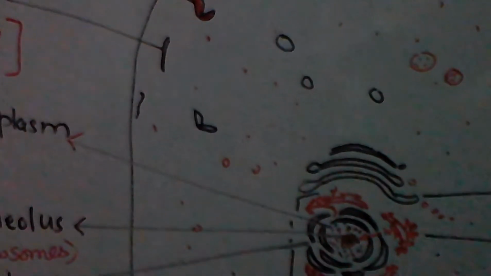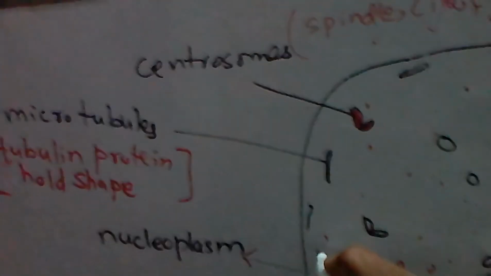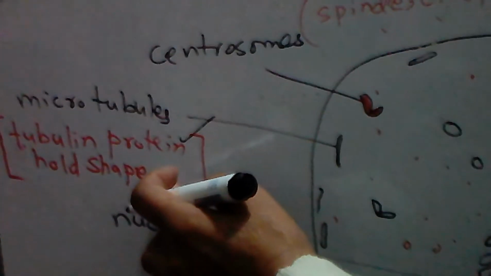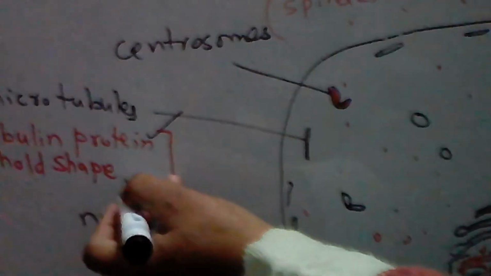Then there are microtubules. These are the tubules which are present throughout the cell, and they are made up of a protein called tubulin protein, and they enable the animal cell to hold its shape.